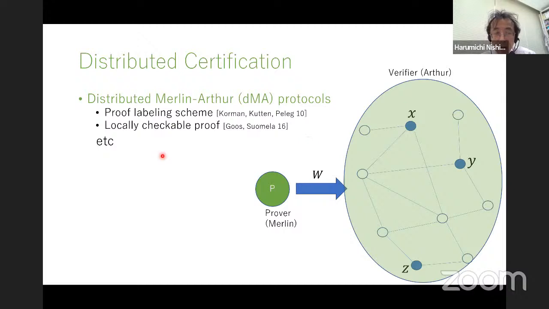In the literature, this has several names, such as proof labeling scheme or locally checkable proof. But in this talk, we call it the distributed Merlin-Arthur protocol, the DMA protocol.